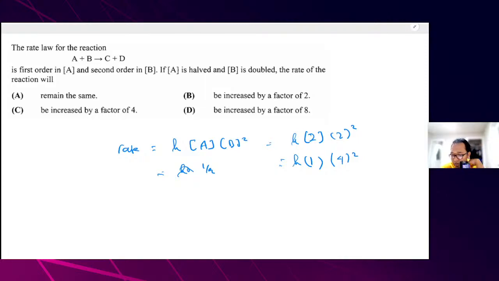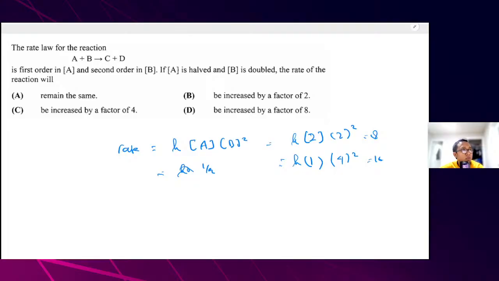The rate of reaction will be increased by what? So 2, 2, 2, 2. This is 8, this is 16. So increased by a factor of 2. Okay, increased by a factor of 2.